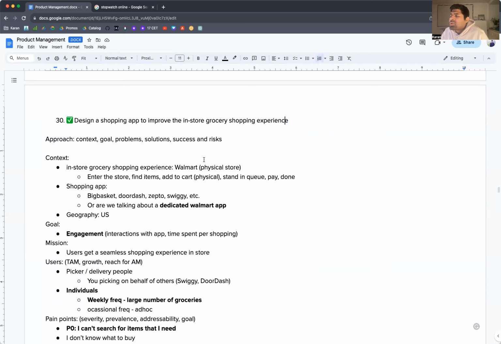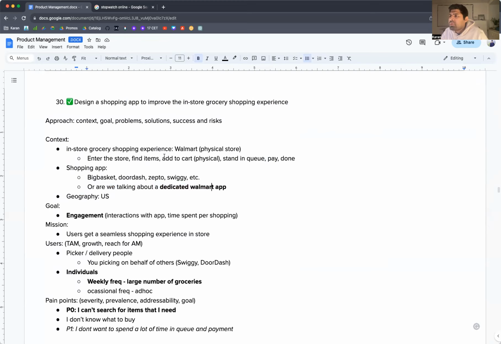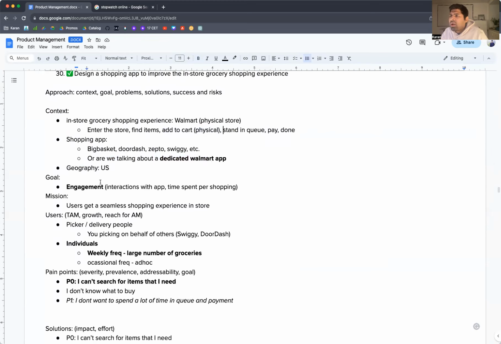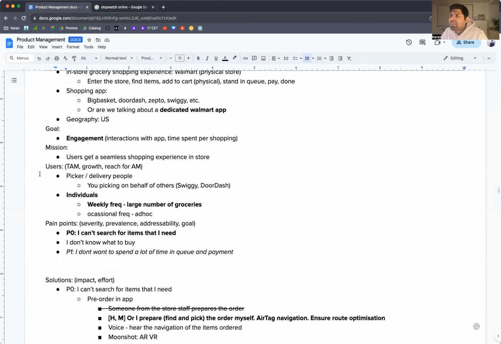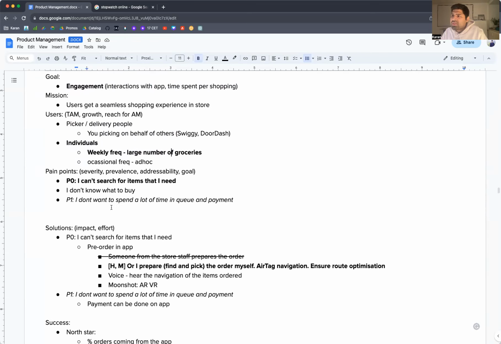Shopping app to improve the in-store grocery shopping experience. In terms of context, we went with the departmental store structure, designing a shopping app for them, particularly for physical shopping. The goal is to have better engagement, like interactions with the app, time spent for shopping. And then we decided that we'll not be focusing on picker slash delivery people as our users, but we'll rather focus on individuals who are going to Walmart or any other departmental store frequently, and ordering a large number of groceries.